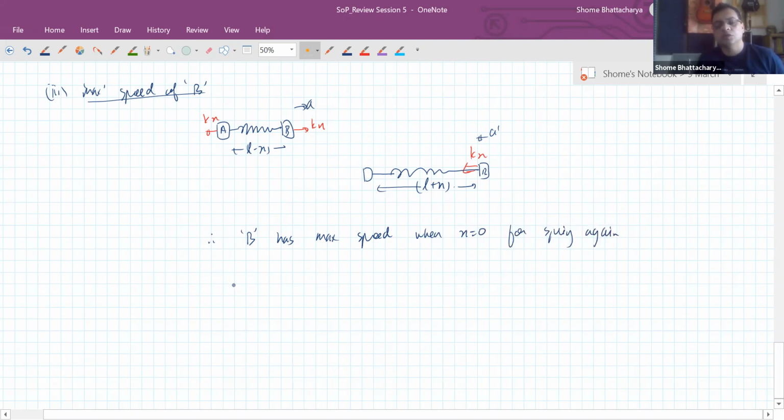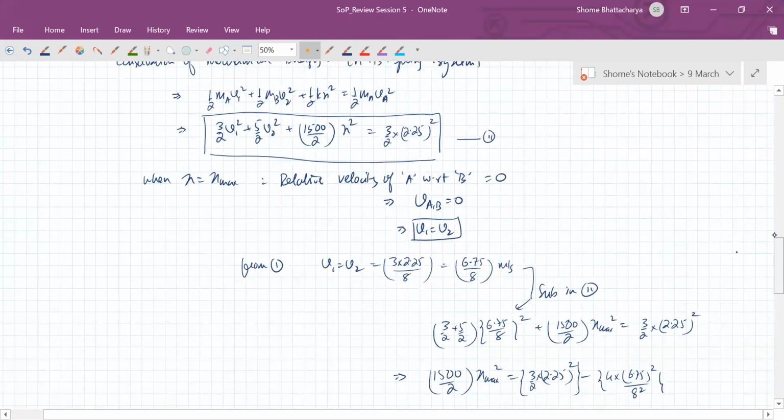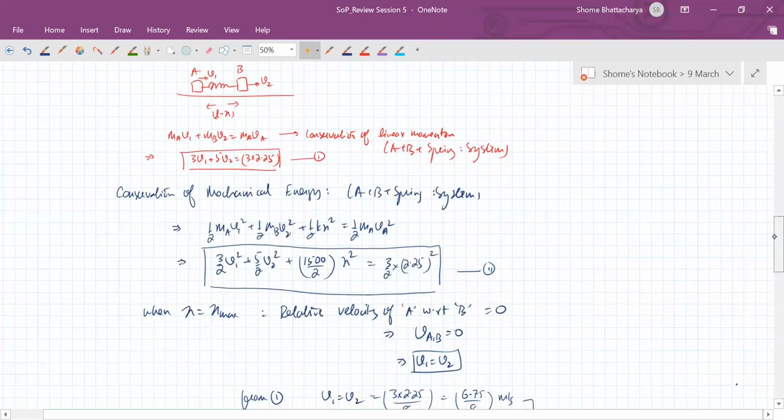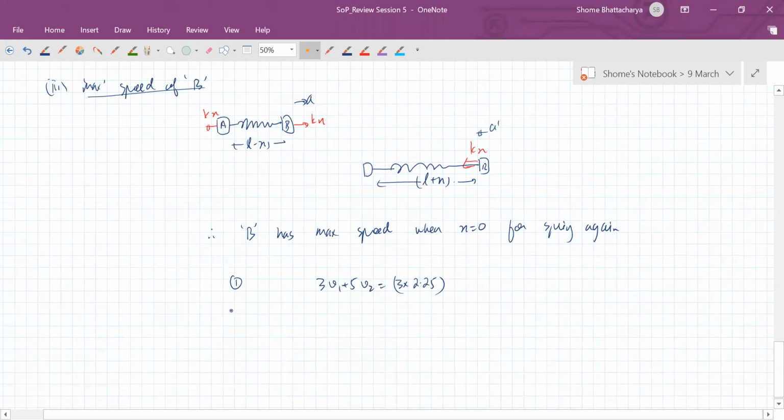Okay. So equation 1 above from momentum conservation was that 3v1 plus 5v2 was equal to 3 into 2.25. That was a momentum conservation equation. And in our energy conservation equation, we will put x equal to 0.